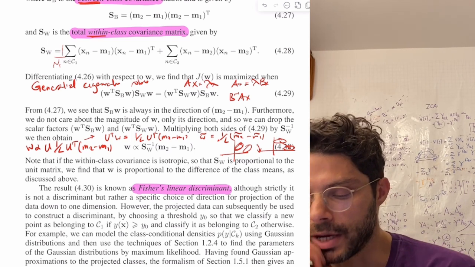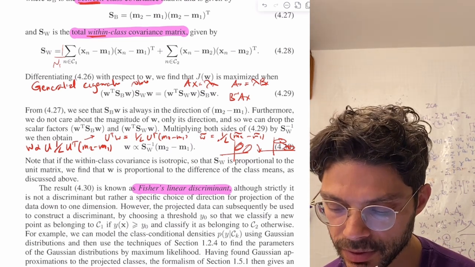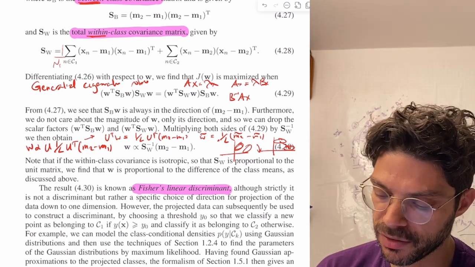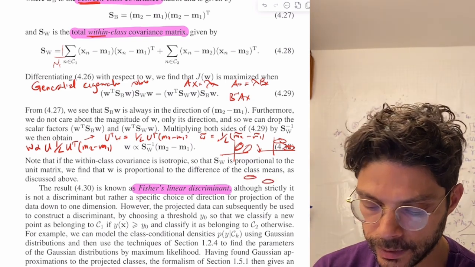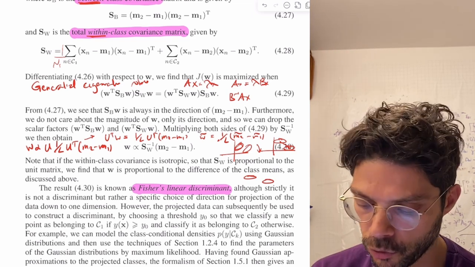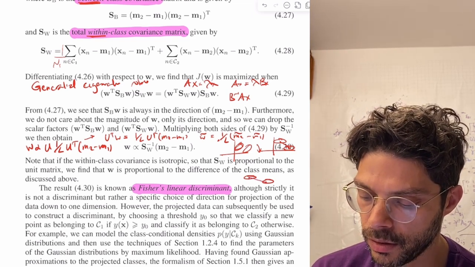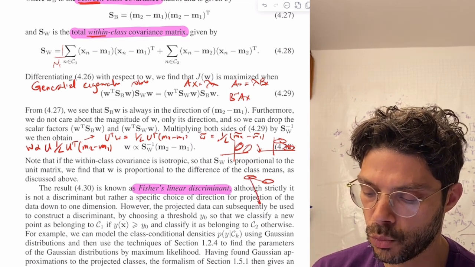I don't have a great intuition for why that's the case. If I do come up with something, I'll let you guys know. I tried to think about it in the case where your data is already flat, so your U's are already the normal axes, and all you end up doing is scaling this difference between the means, and that would make your W something like that, which kind of makes sense.